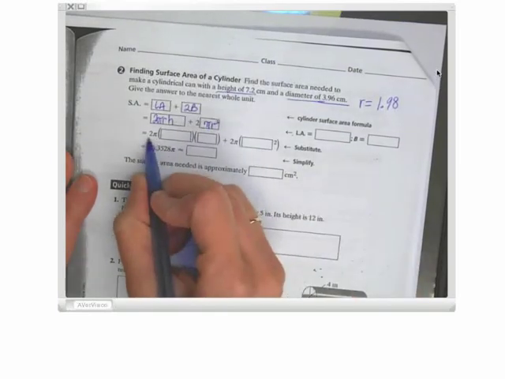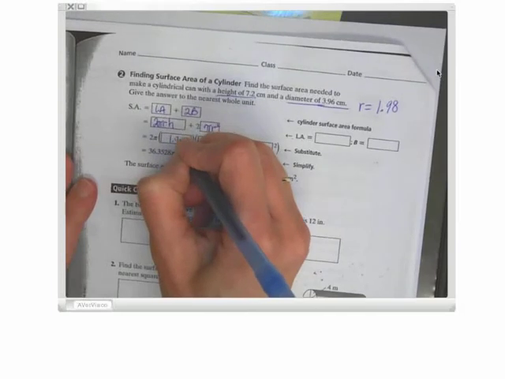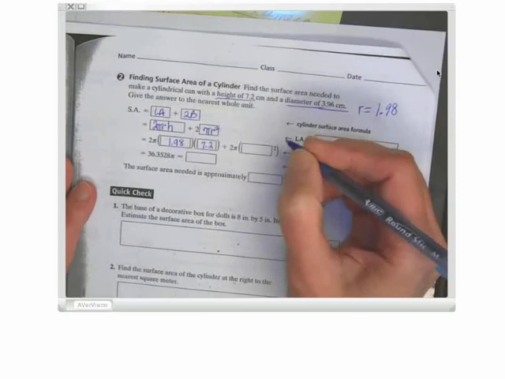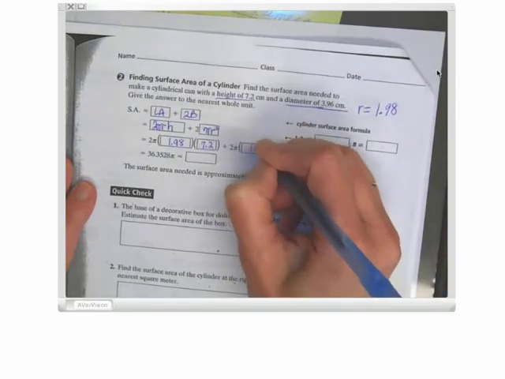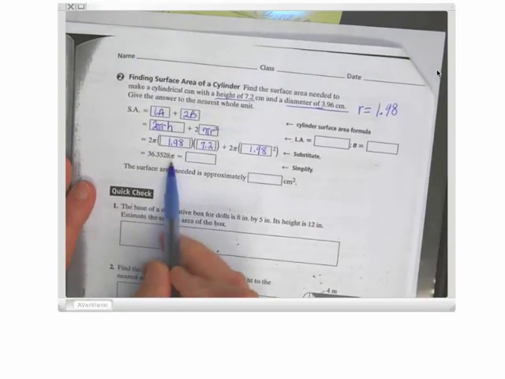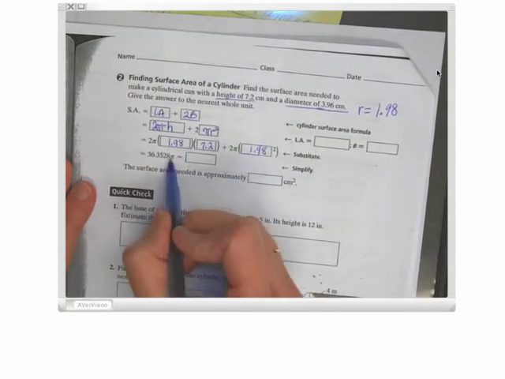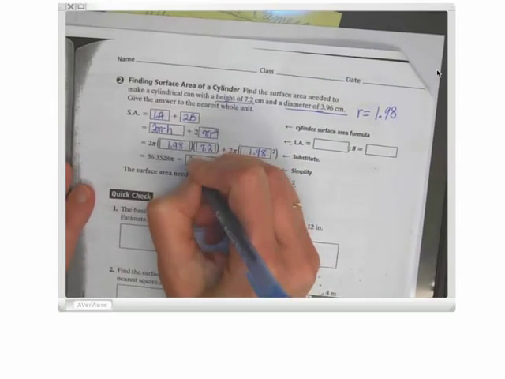So you're going to do 2 times pi times 1.98 times the height of 7.2, plus 2 times pi times 1.98 squared. Okay, this gives you 36.3528. It says to the nearest whole unit. Oh, pi, excuse me.